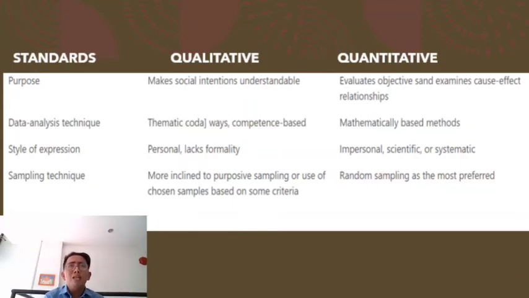So, in quantitative research, pwede ka maka-conduct random sampling. So, pwede ka nga hindi mo tanan pagdalon. Di ba kay tanan sila, grade 11 man. So you can just get samples of respondents coming from the senior high school grade 11 using random sampling. Mapili ka lang, alright?